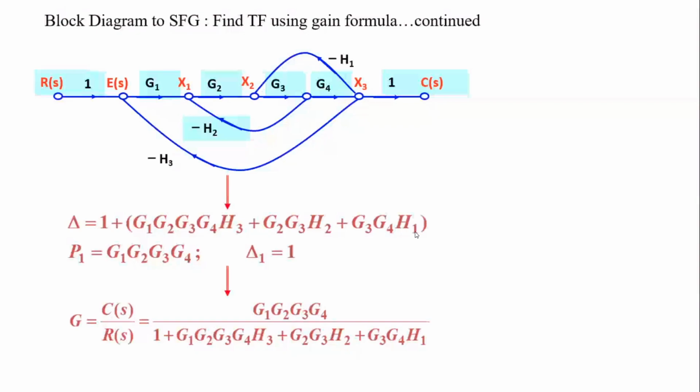We will have only one forward path in that case also. P1 equal to G1 G2. The value of delta remains the same. The value of delta 1 will be 1, right?